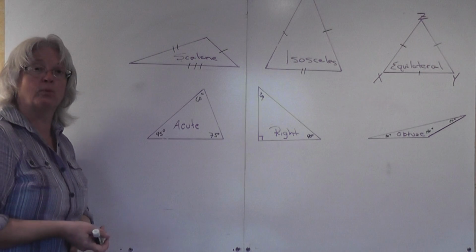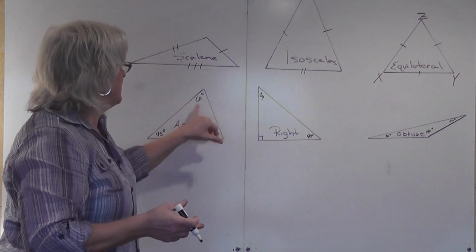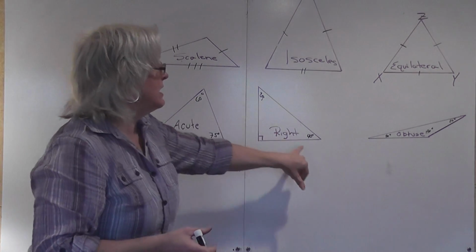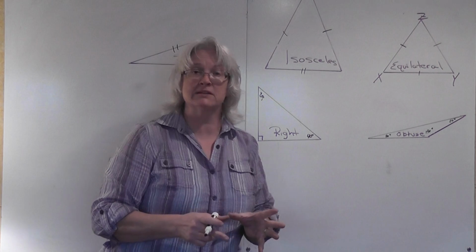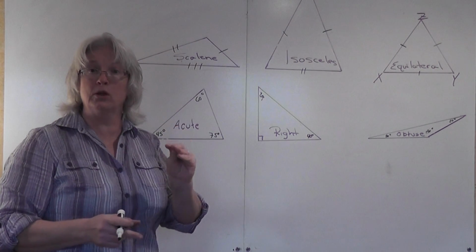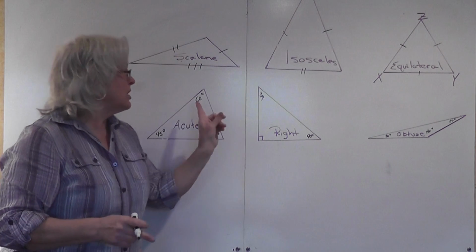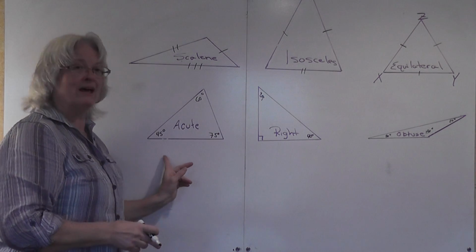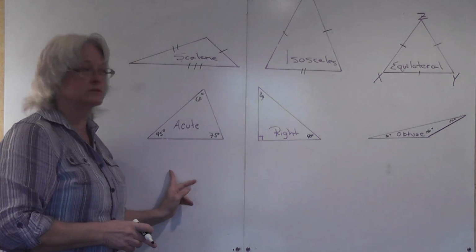Now we also see that we can classify triangles based on the size of the angles. Now remember, just a couple of lessons ago we talked about acute angles. They're cute little angles. Acute angles are all less than 90 degrees.